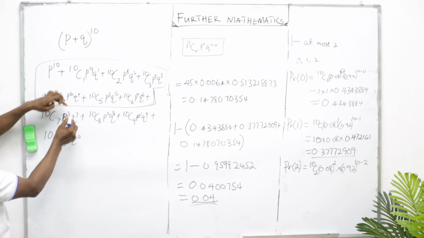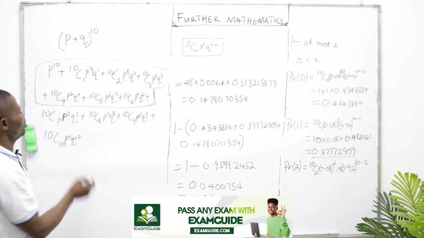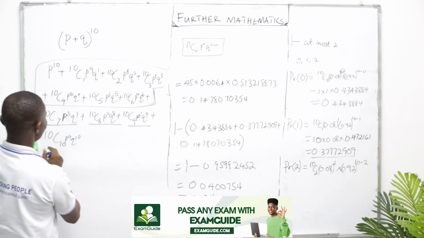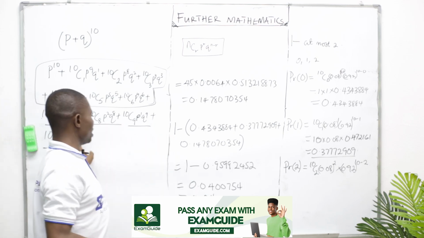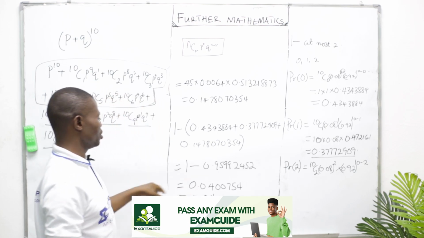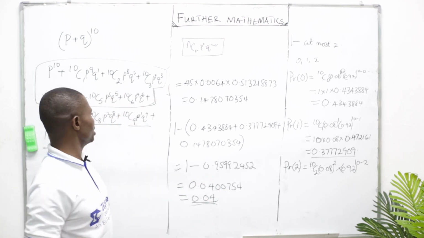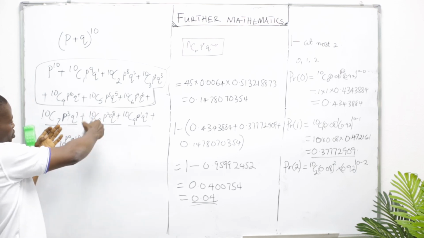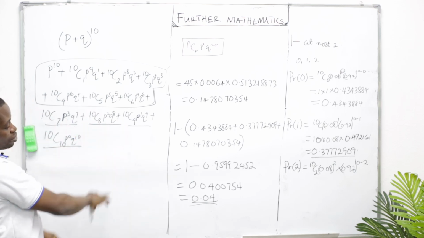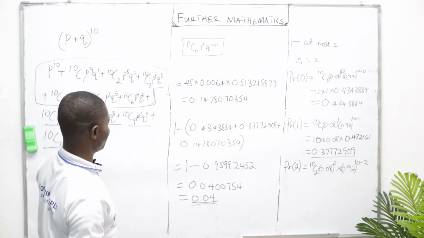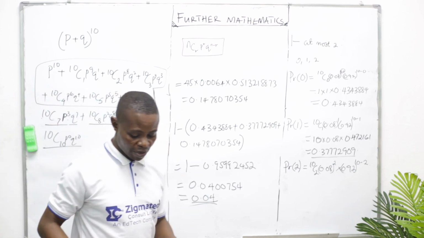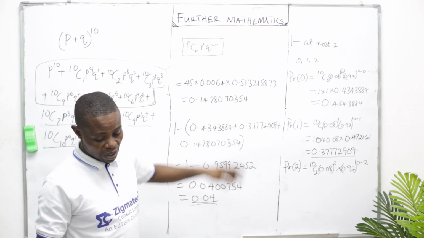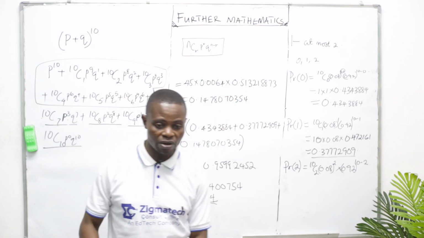You solve this, you keep; you solve this, you keep. At the end, when you add whatever you have, it will sum up to this particular one. If not because of time, I would have also used it to solve. They are just the same thing, but it depends on the one you prefer. But the other one, solving from 3 to 10, don't try that one. It will take the whole of your time in the exam hall.